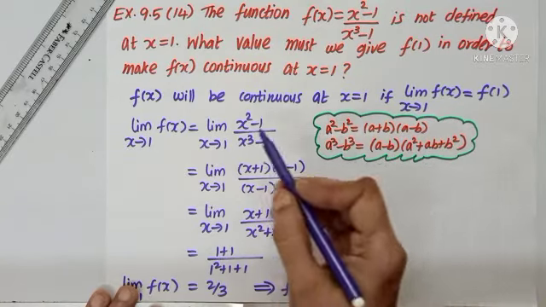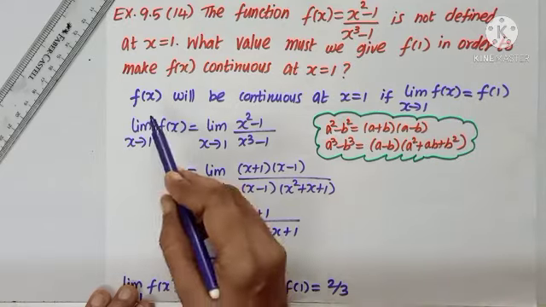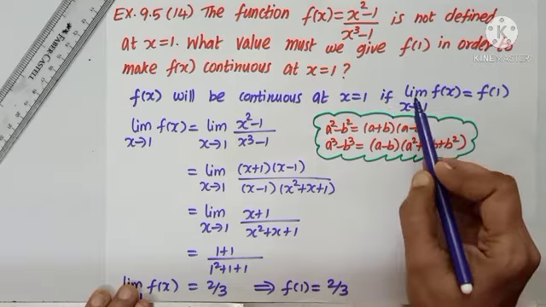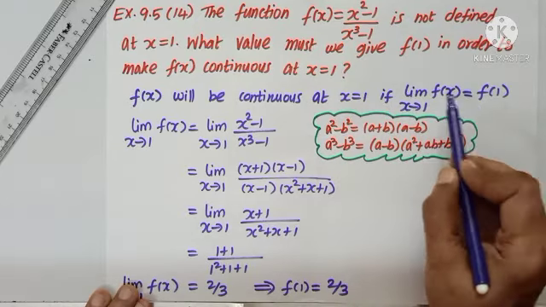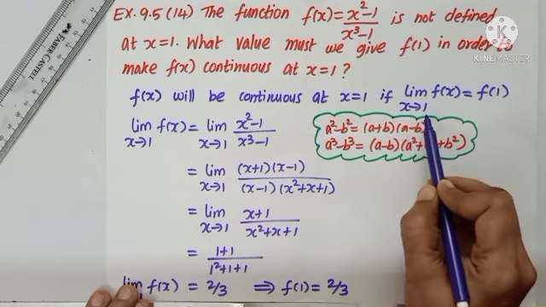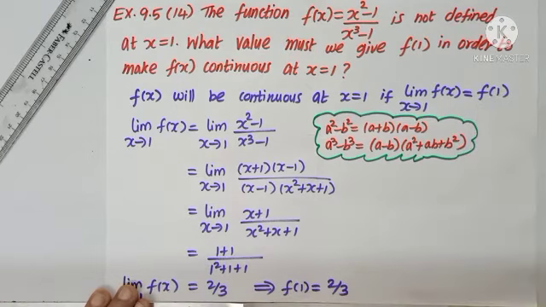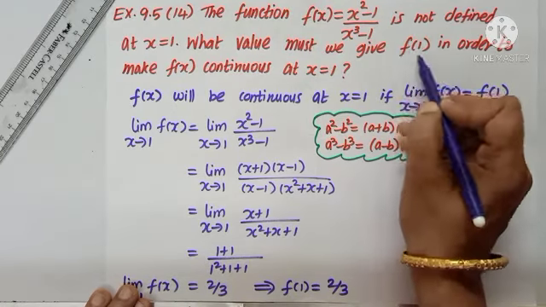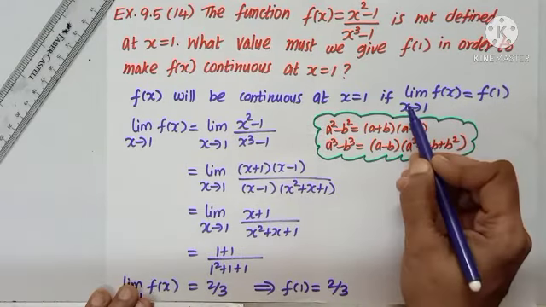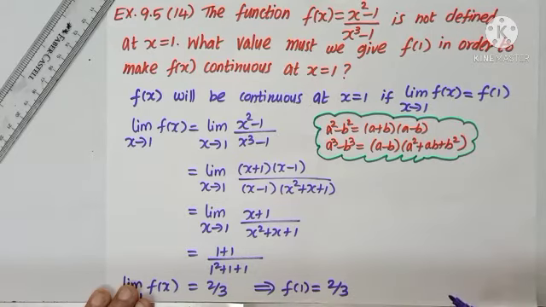So in all these problems, we would like to declare only one statement, that f of x is continuous at a particular point if the limit value and function value are equal. Limit x tends to 1 of f of x equals f of 1. So my question is to find f of 1. To find it, let us find out limit x tends to 1 of f of x.